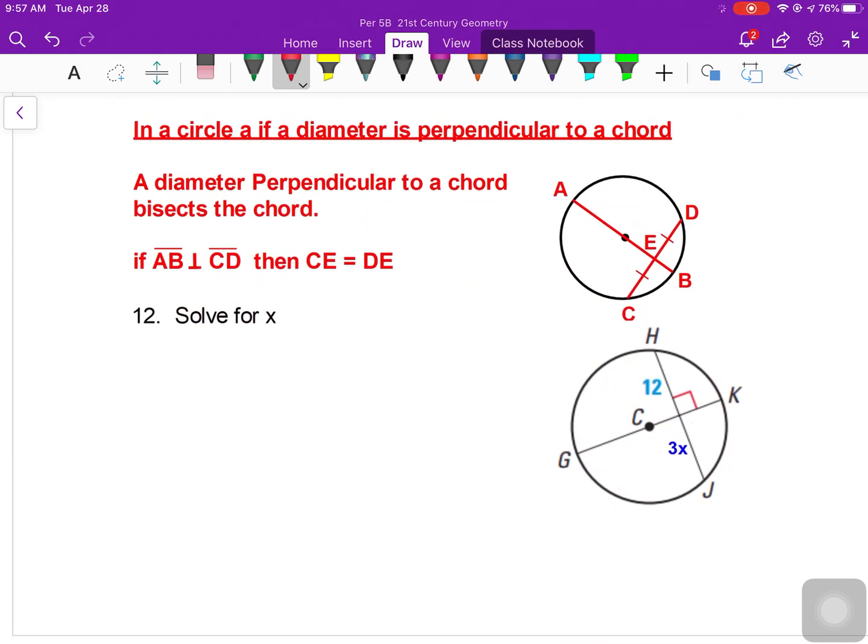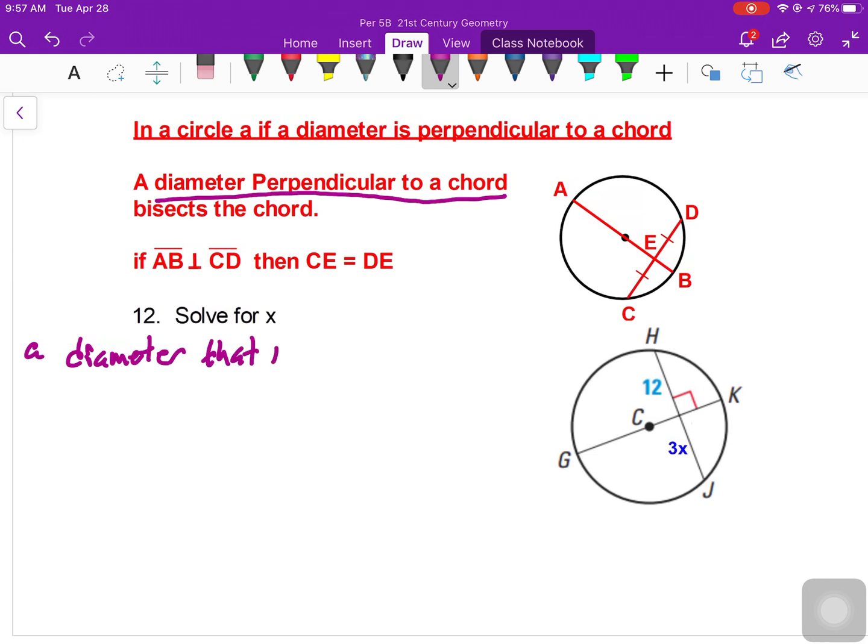Let's try another one. This is another new concept. In this particular concept, we have a diameter that is perpendicular to a chord. Now, a diameter perpendicular to a chord bisects the chord and its arc. Let me write that down for you.